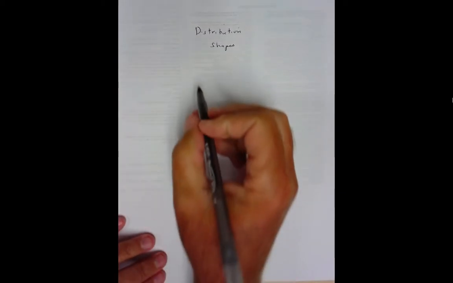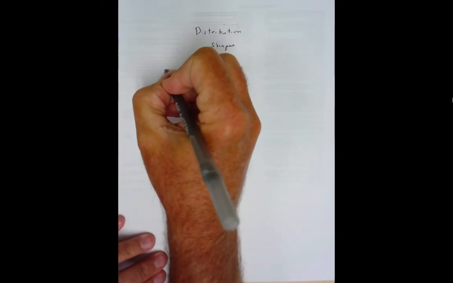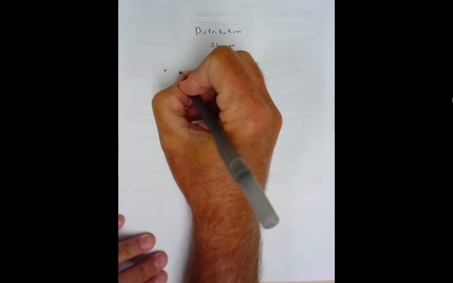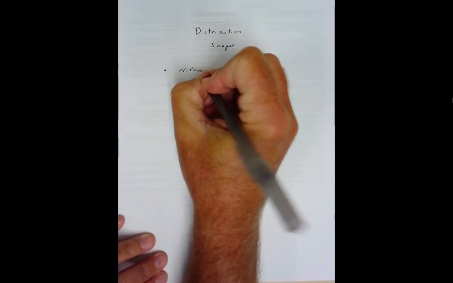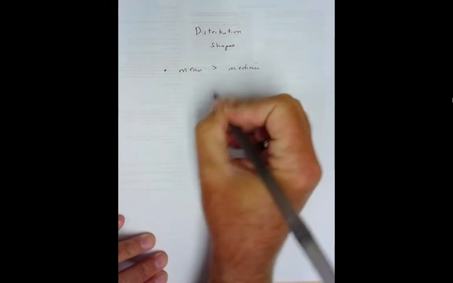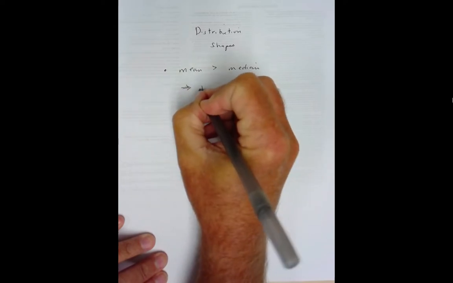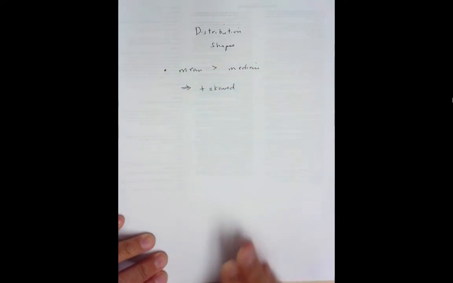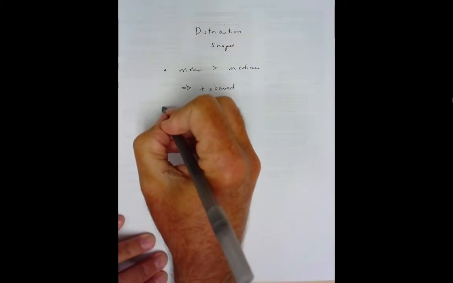And he does it according to 3 pretty strict rules. Those rules are, if the mean is greater than the median, then we define our distribution as being positively skewed.